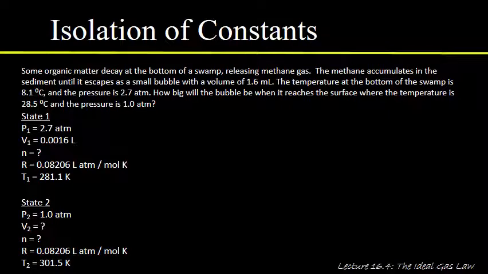All right, so we've got our variables here. We decided we're going to change n1 and n2 to just n, and we want to put our variables on the left and our constants on the right. So for state 1, we get P1 V1 equals n R T1, because P, V, and T are the things that are changing. n and R are both constants.